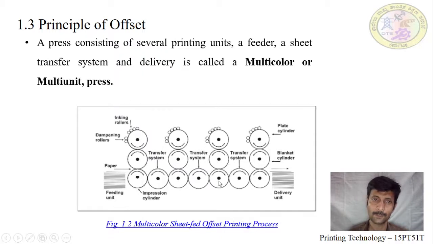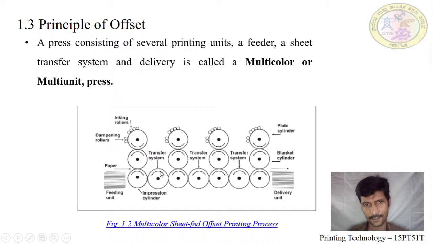There are 4 printing units: cyan, magenta, yellow, and black. Okay, this is the paper feeding unit, and this is the delivery unit. Each printing unit consists of dampening rollers and inking rollers, the plate cylinder which holds the plate, and the blanket cylinder which holds the blanket.